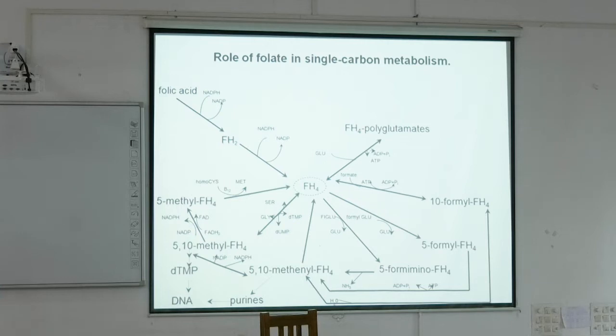Now, can anyone remember this slide? You have to, because this is the only long question you will get. All you have to do is to remember and reproduce this slide in the examination. That's all. That is the only long question from folic acid.